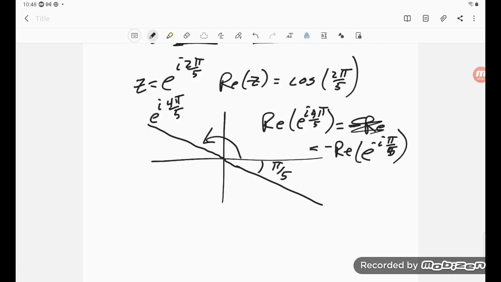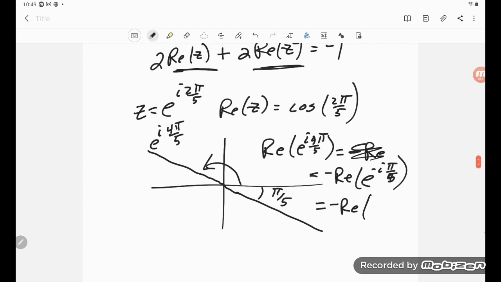But that's also then equal to minus the real part of e to the i pi over 5, because they're conjugates of each other.